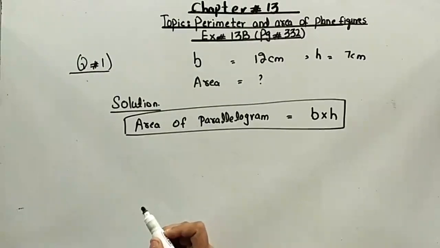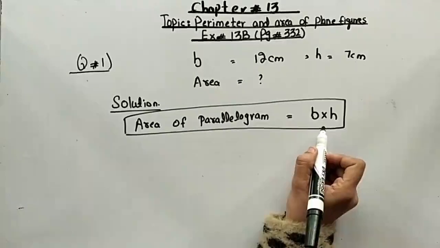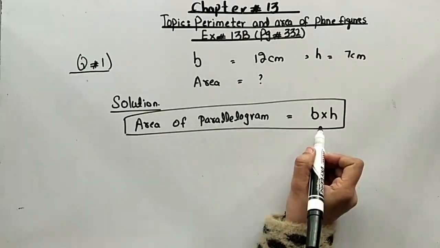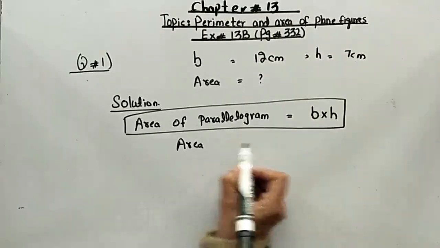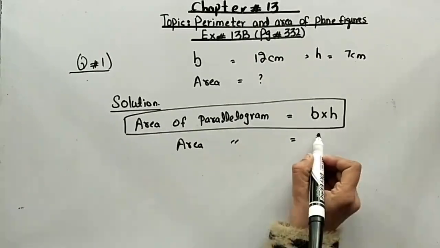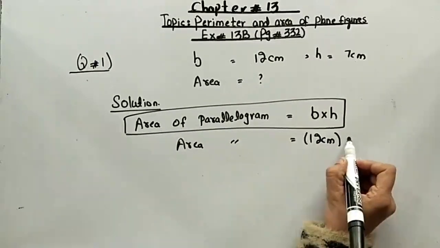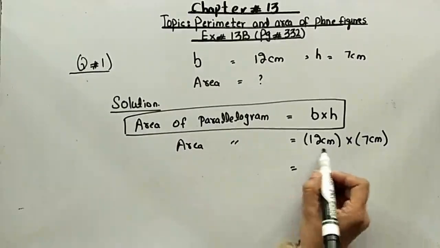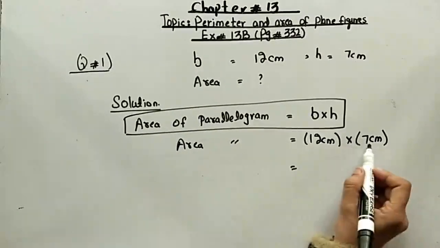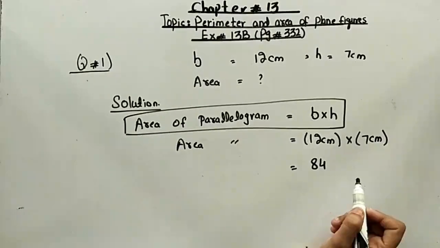Fine. So learn this formula. Area of parallelogram is equal to base multiply height. So put the value of base is equal to 12 centimeter and then height is equal to 7 centimeter. So multiply these two numbers. 12 multiply 7, 7 2s are 14, 7 1s are 7 and 1 is 8.